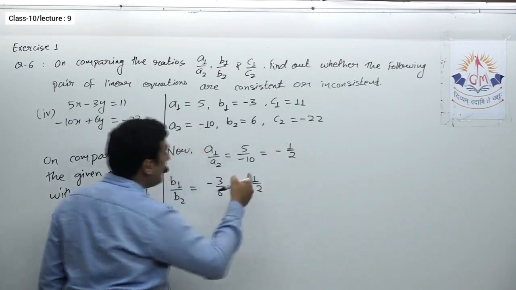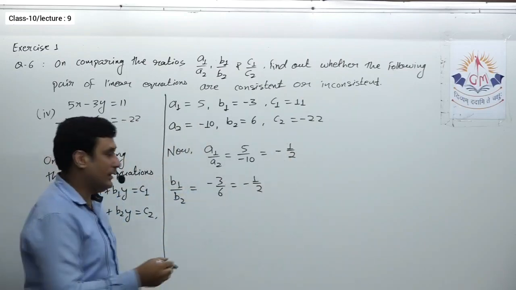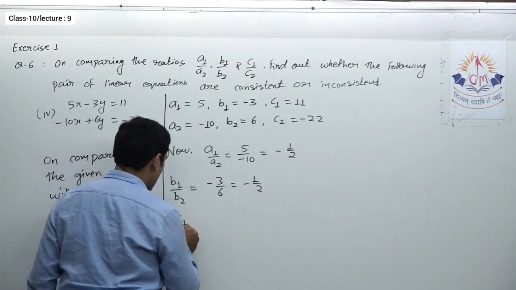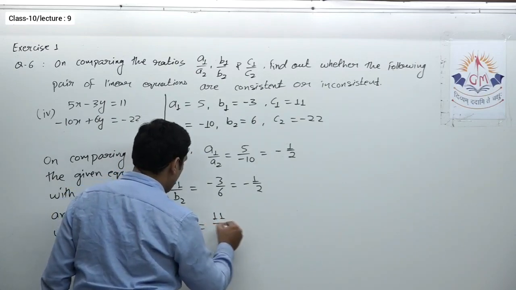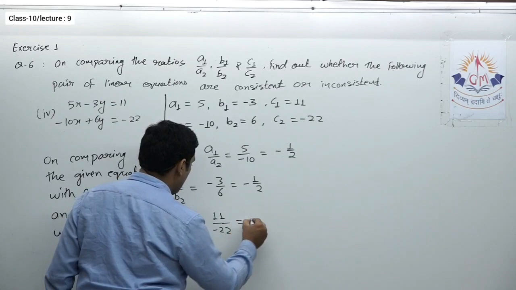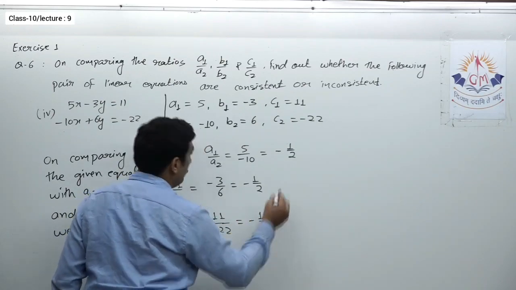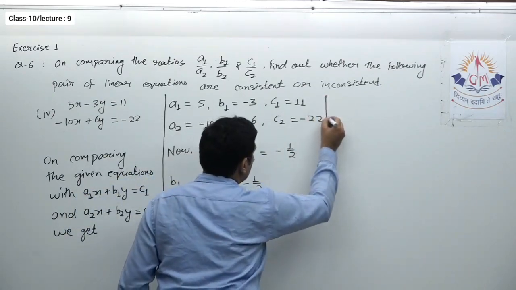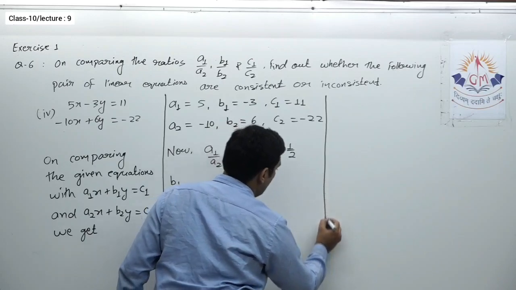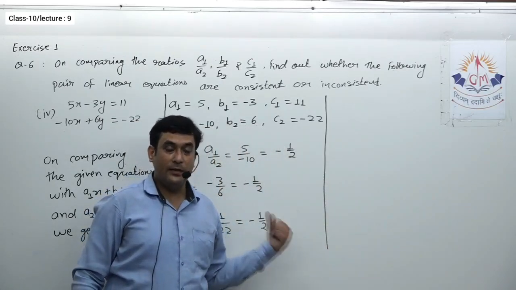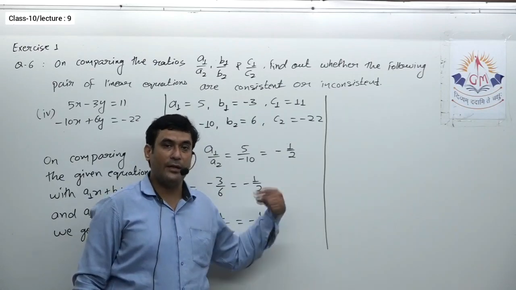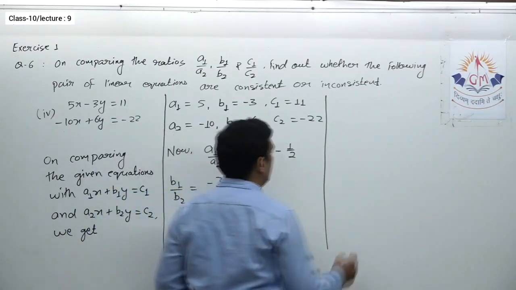So yes, here they are equal. That means we need to find c1 upon c2. So now c1 upon c2 is equal to 11 upon minus 22, that is again equal to minus 1 by 2. So here all three ratios are equal. And when all three ratios are equal, we get infinitely many solutions. That means again the system is consistent.